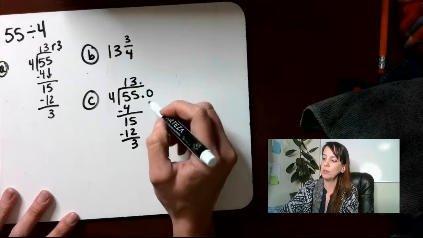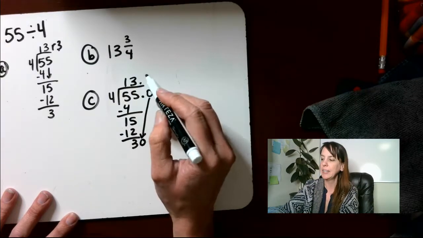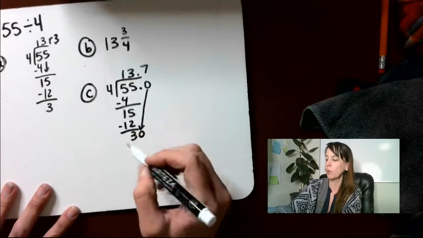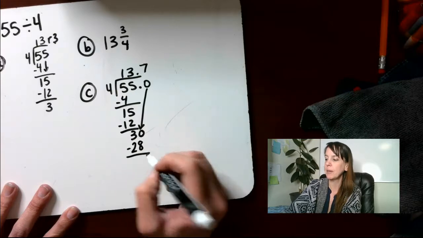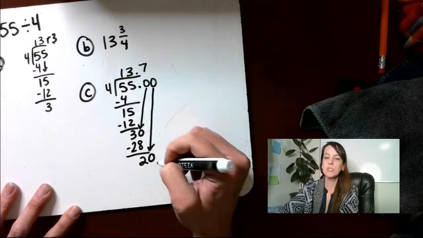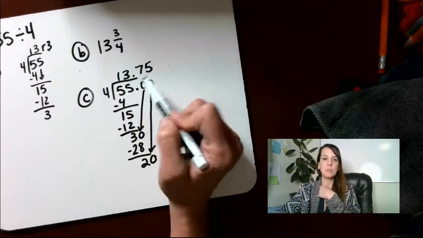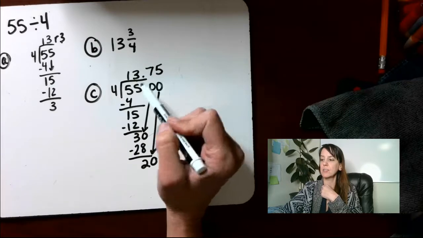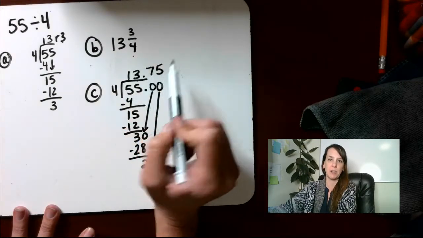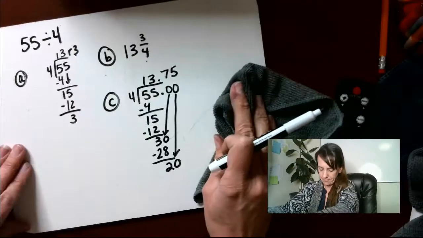So we're gonna take a 0, and bring down a 0. 4 goes into 30 7 times, right? 7 times 4 is 28, minus, we get 2, bring down another 0. 4 goes into 20 5 times. So this can be written as a decimal as 13 and 75 hundredths. Again, it's a good idea to remember 3/4 is 75 hundredths. Okay, so that was A, B, and C.